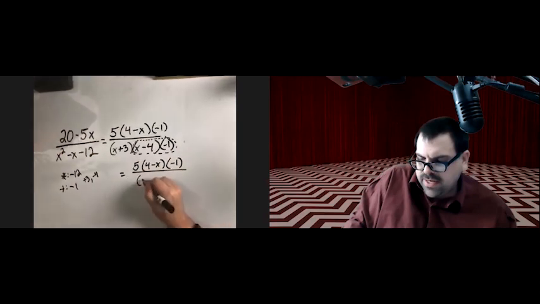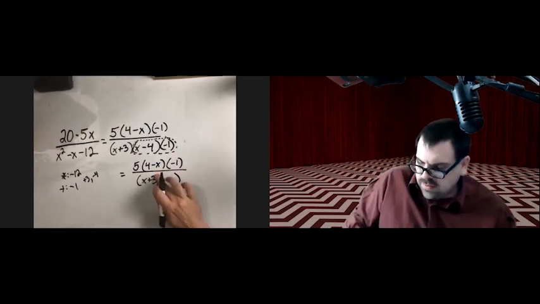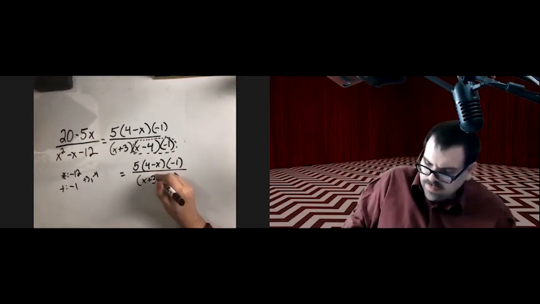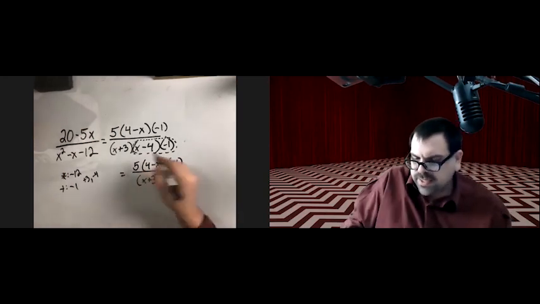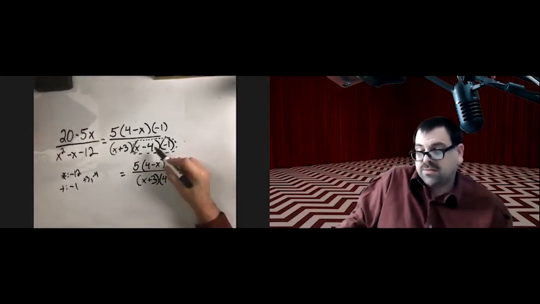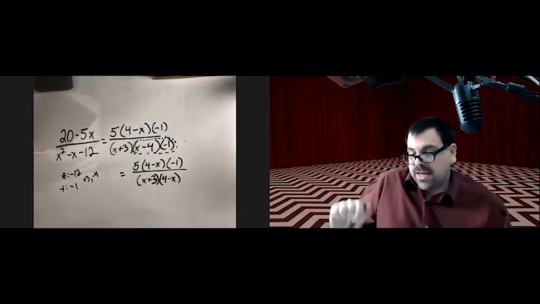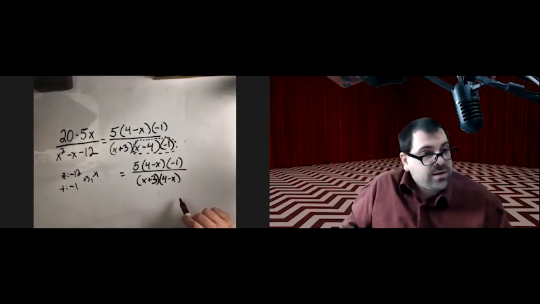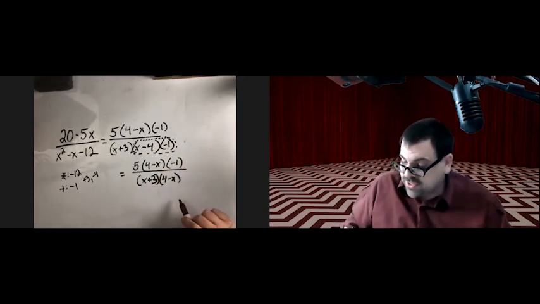On the bottom, it'll be an x plus 3 times a 4 minus x. Multiplying a factor by -1 ends up switching the numbers around the subtraction sign.